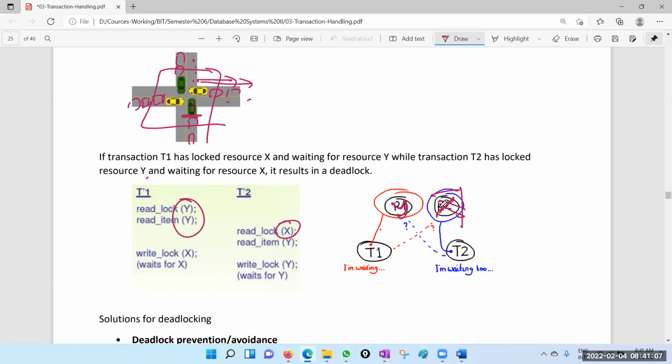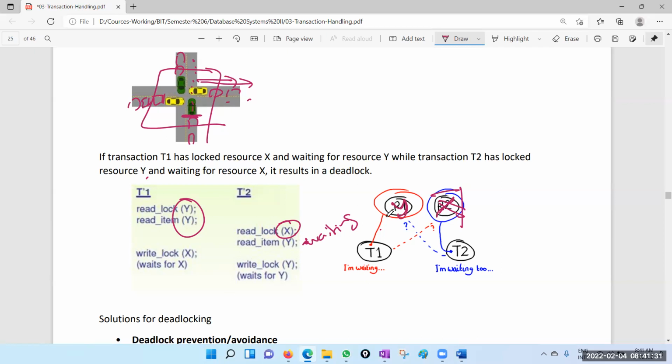Now transaction 2 wants to lock Y in order to proceed, but it is already locked. Until transaction 1 releases it, transaction 2 will not get it. Say it's an exclusive lock we are looking for. Now this one is waiting for Y lock availability.